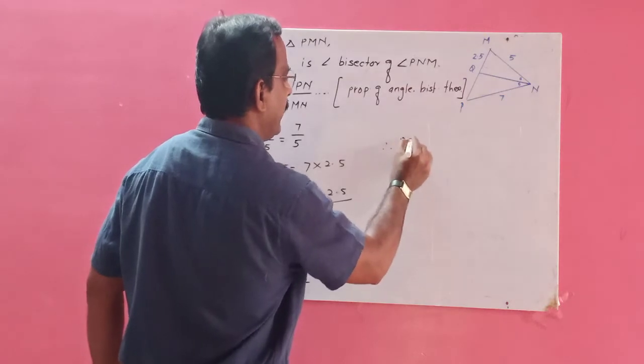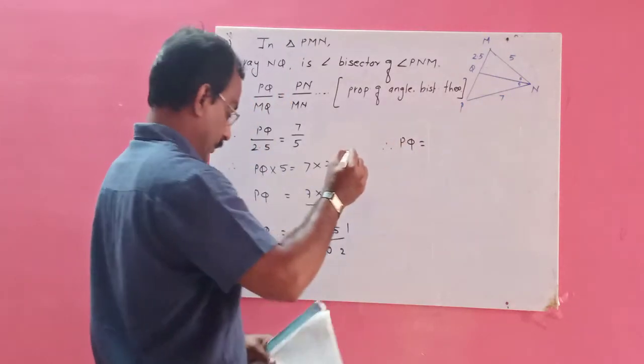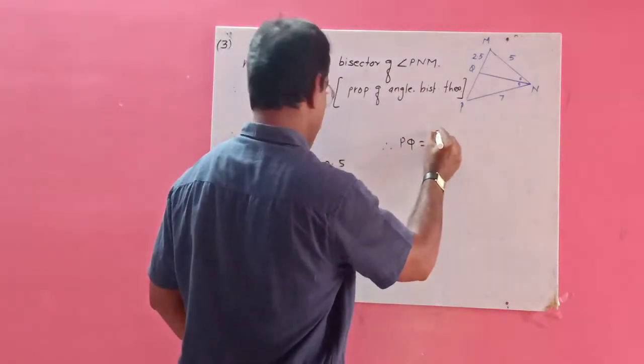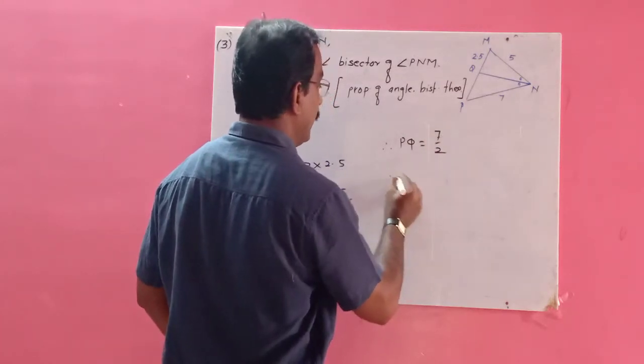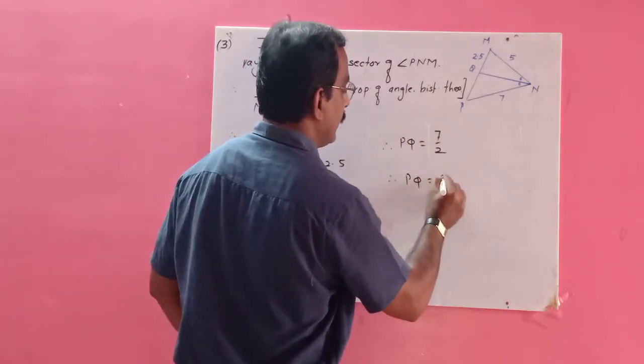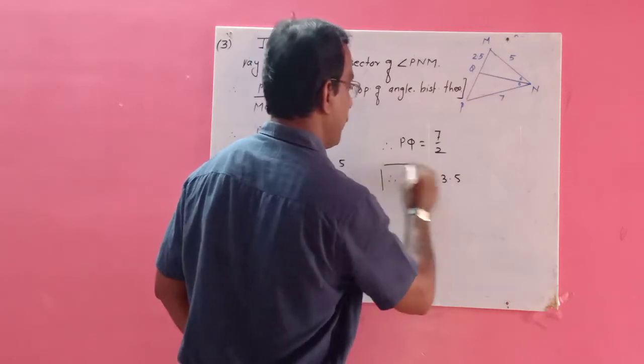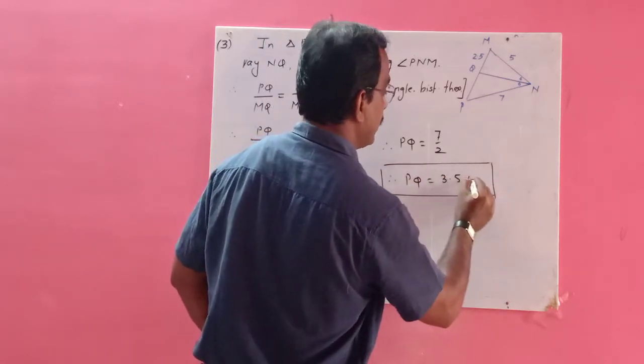Therefore, PQ is equal to 7 by 2, which is equal to 3.5 units.